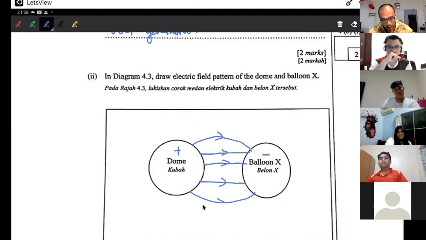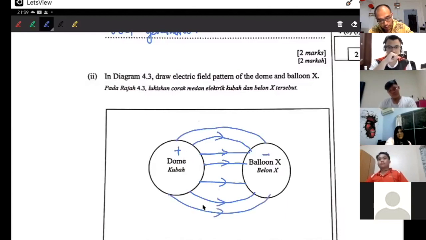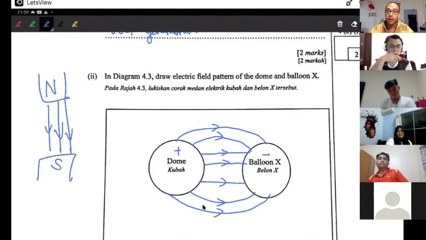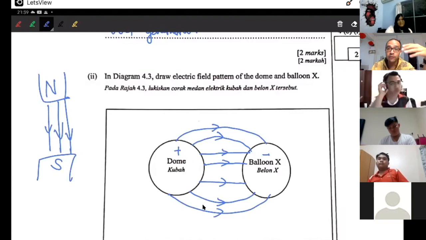If you want to be extra correct, go ahead and draw, as long as the arrow is from positive to negative. Just like a magnet, north to south. Magnetic field always flows from north to south, electric field patterns always flow from positive to negative.